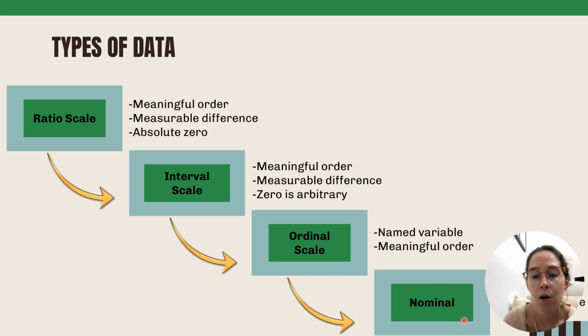And then we can go to the simplest type of data you can have in your study, which is nominal data or nominal variables. And here you can have different categories, but the order is not important among those categories. So you can always go down in this scale, and you can, for example, categorize a continuous variable. But when you do that, you will always be losing information.